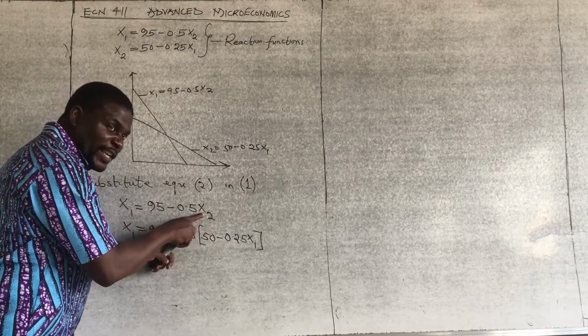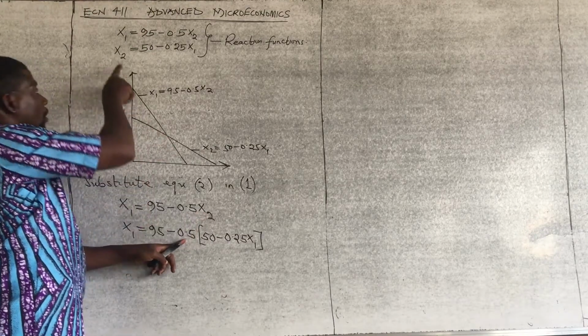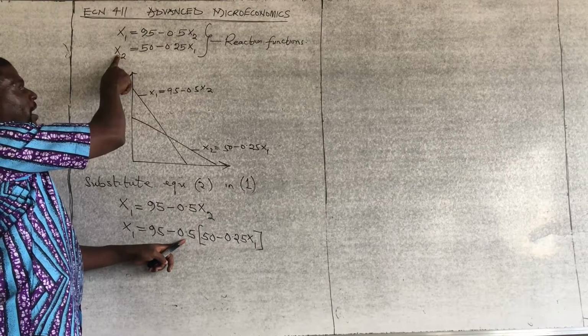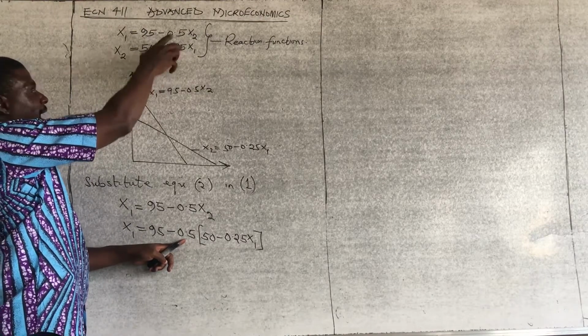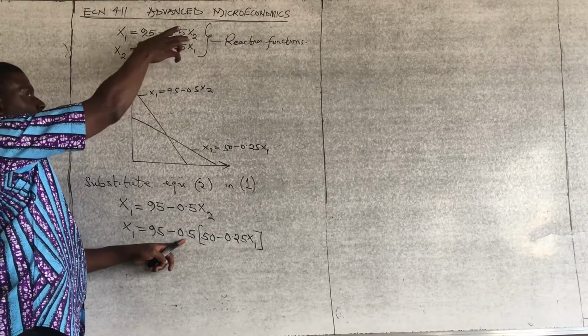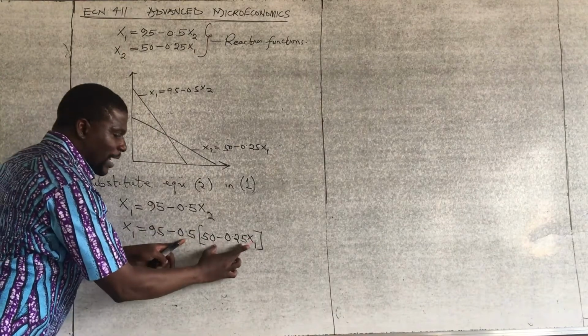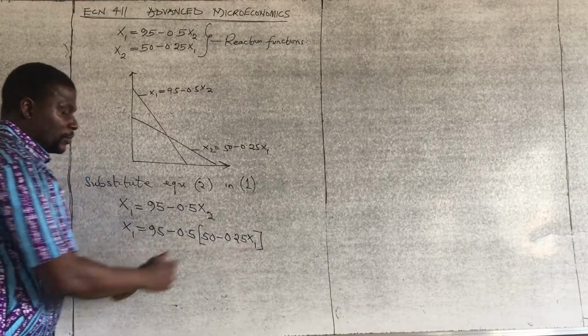Instead of now writing x2, I already know x2 from here. x2 is 50 minus 0.25x1. I just brought this one because that's x2. Where I see x2, I wrote it. You see that? Can I continue?